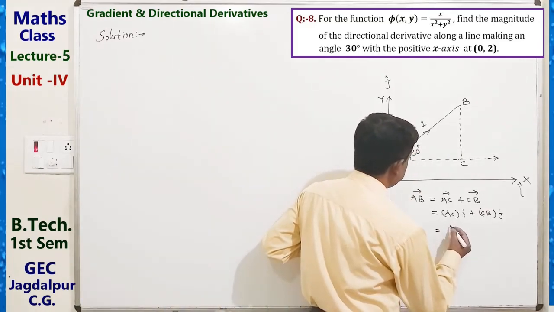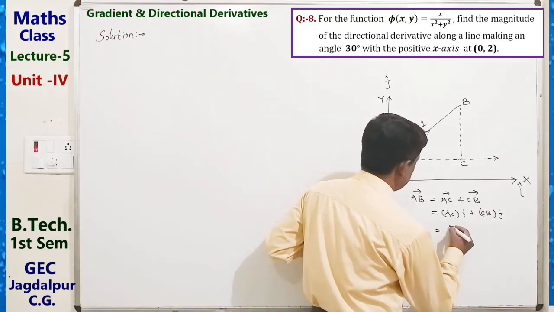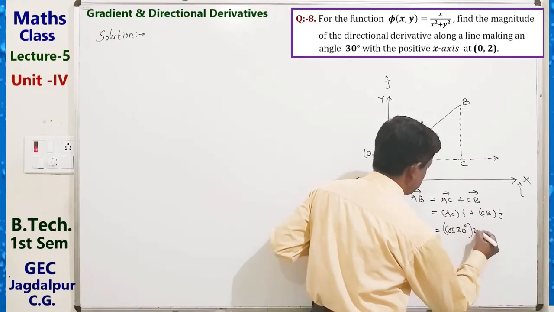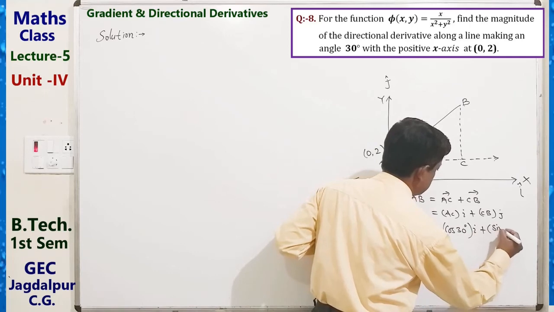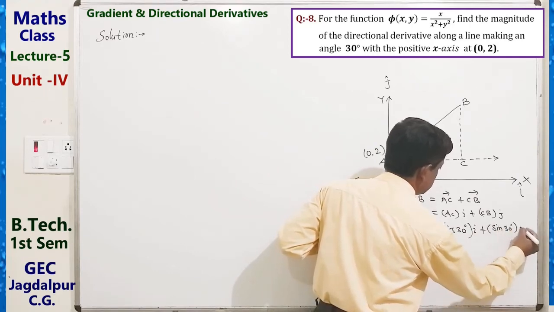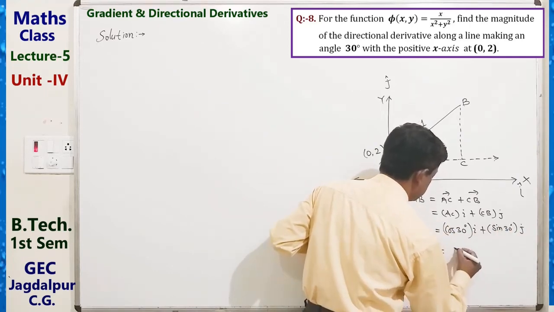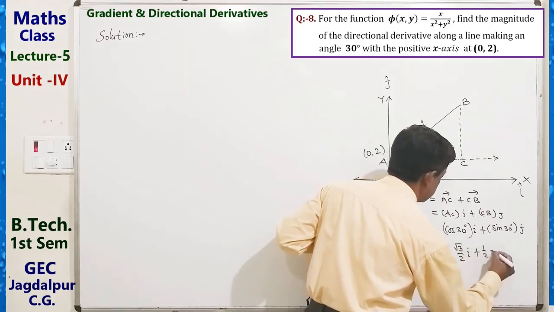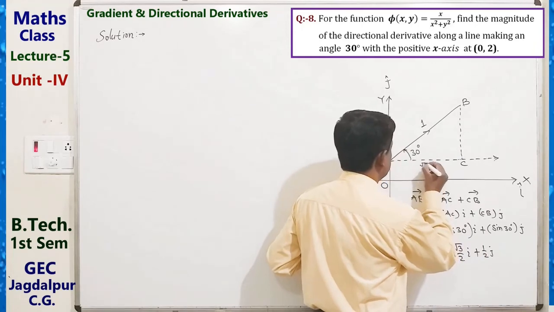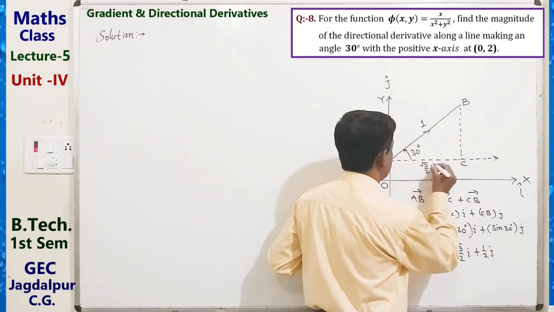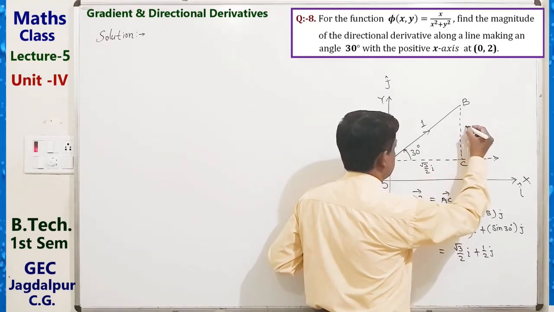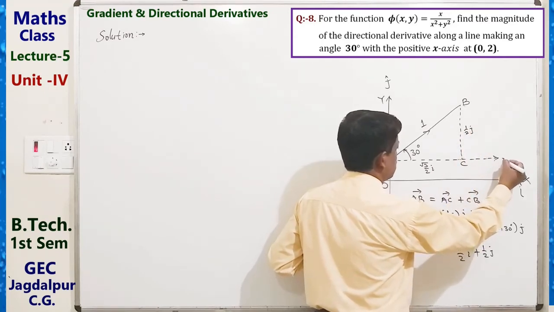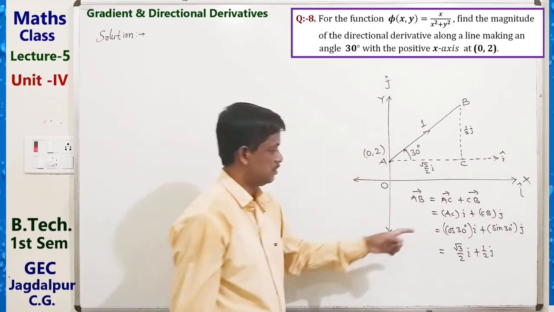So cos 30 degree into I plus sin 30 degree into J. So root 3 by 2 I plus 1 by 2 J. This is root 3 by 2 I, this is 1 by 2 J. Okay? I got it. This is the diagram.